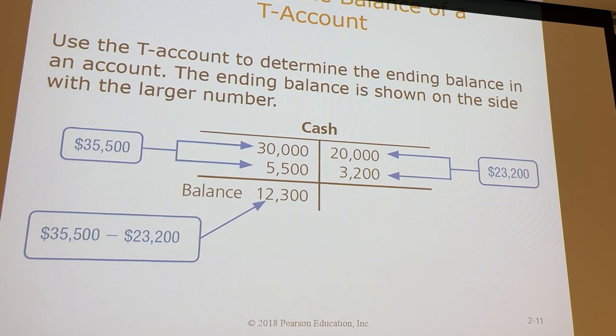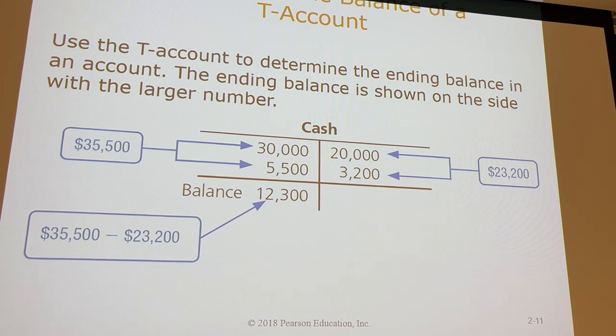Okay, when I say balance, here's how we compute the balance. And we may only balance the accounts at the end of the accounting period, although when you do problems in MyLab, they may ask you to balance these accounts more frequently than that.